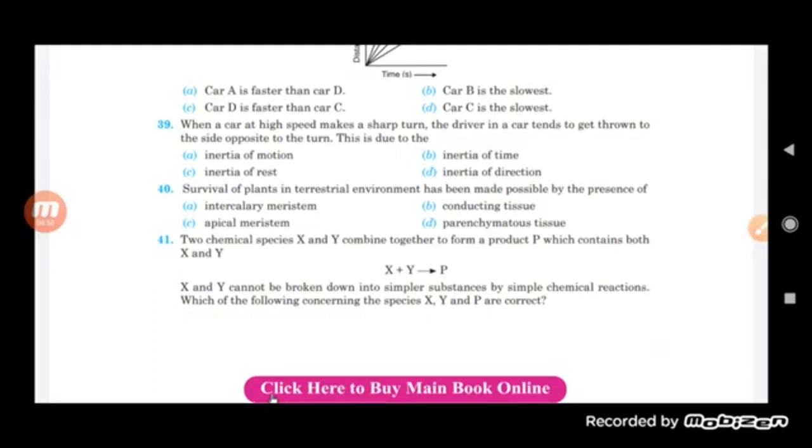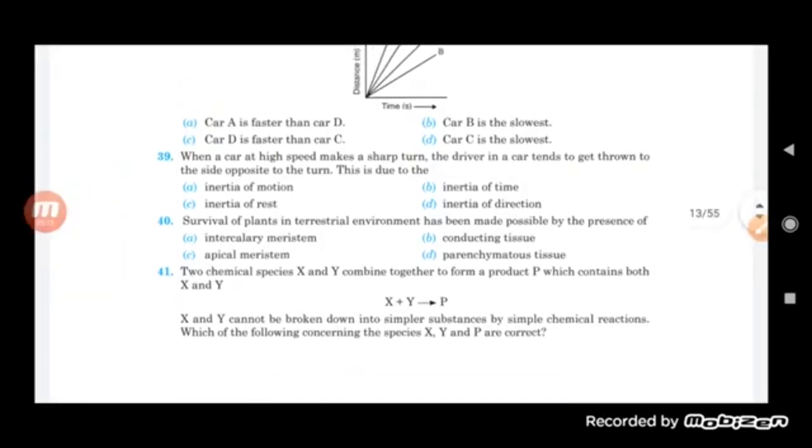So there is a must need of the conducting tissue, and this conducting tissue will help in the survival of the plant in the terrestrial environment.